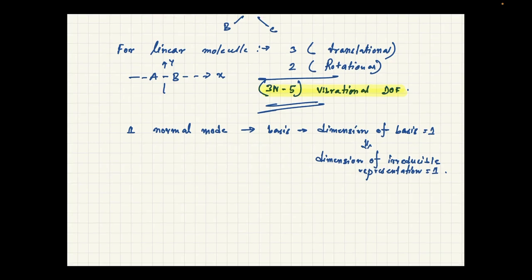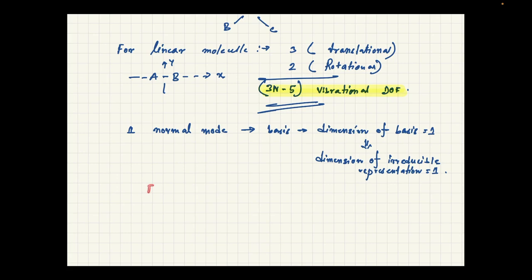Now if the combination of two normal modes acts as a basis, then the dimension of the basis function will be 2. So the dimension of the irreducible representation will also be 2. It will be an E type of irreducible representation.